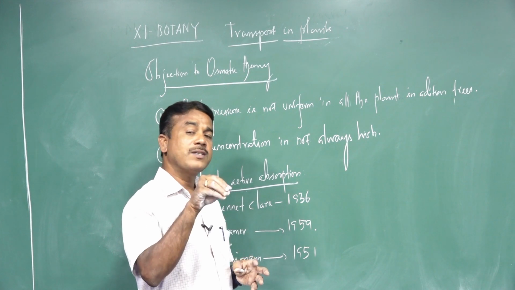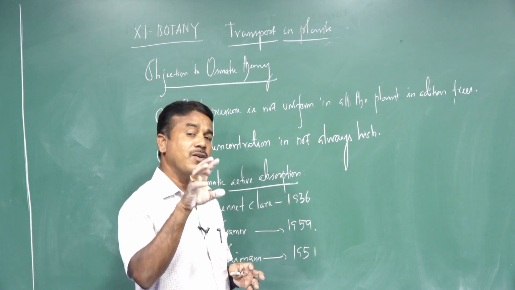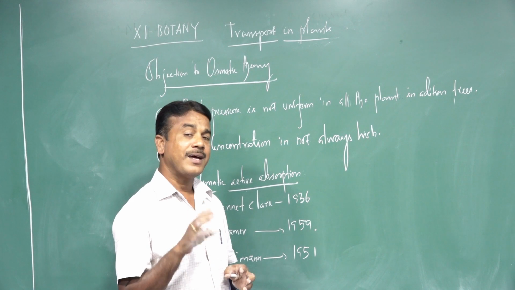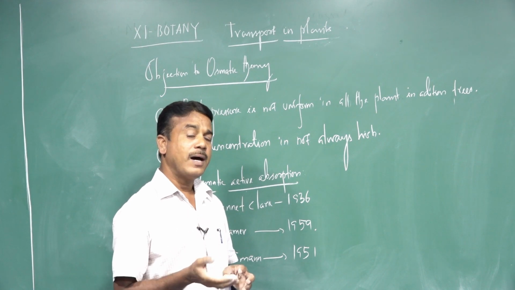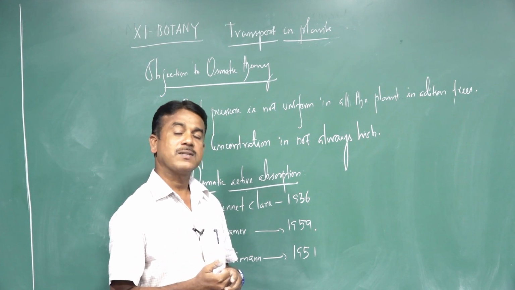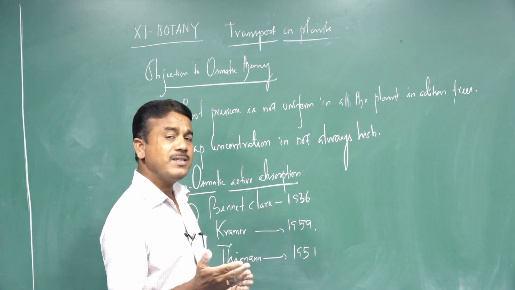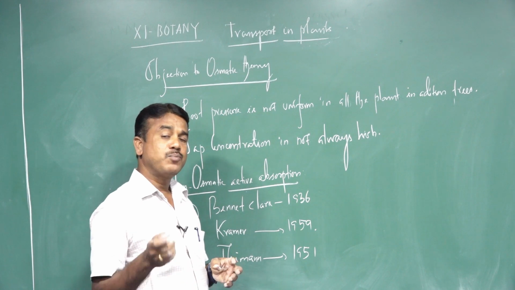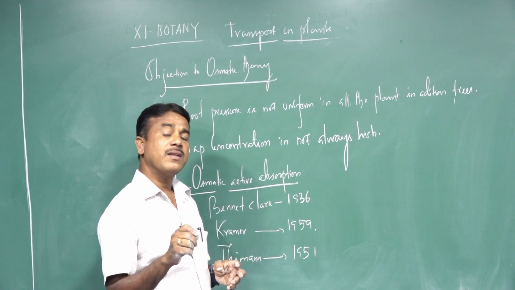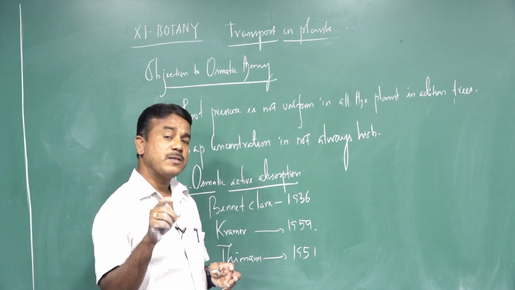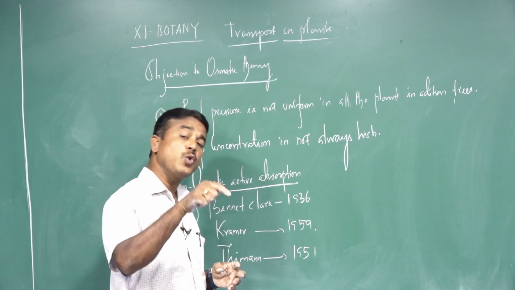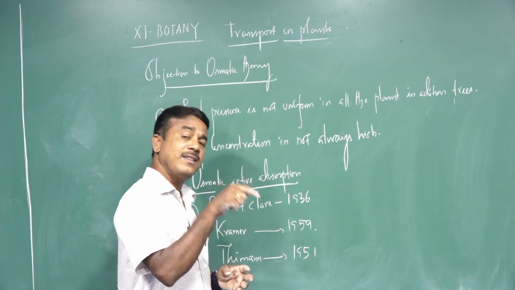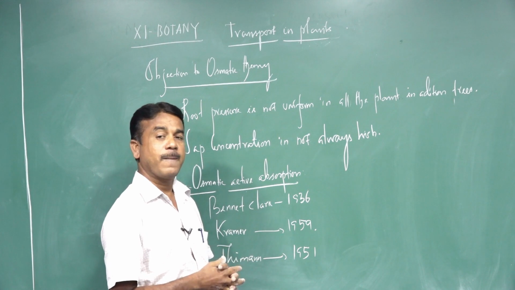Usually the root hair cell contains a high concentration, and at that time uptake of water and mineral salts takes place. Non-osmotic active absorption means absorption of water even when the concentration of sap in the root hair cell is lower than the soil water.